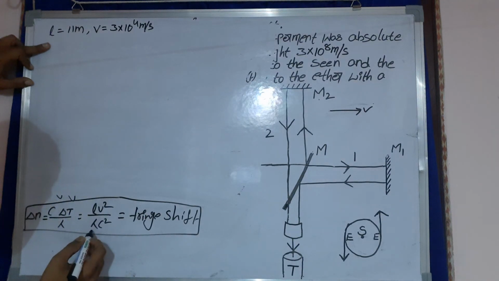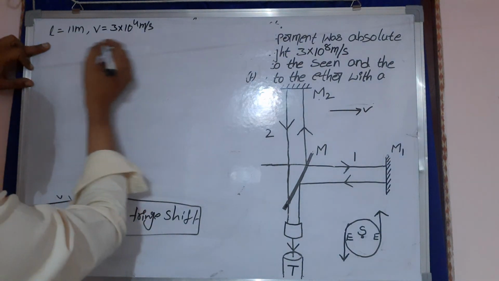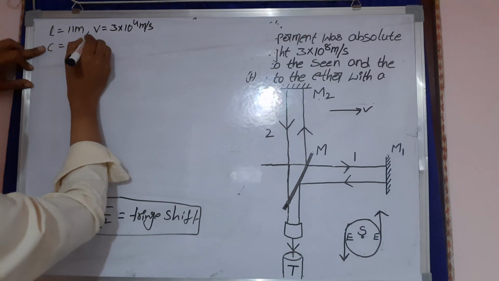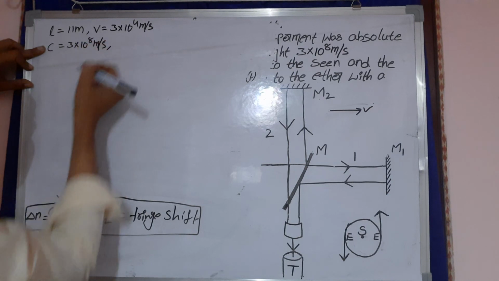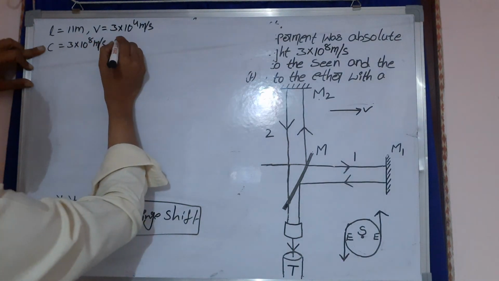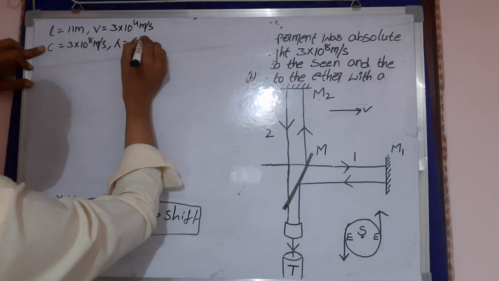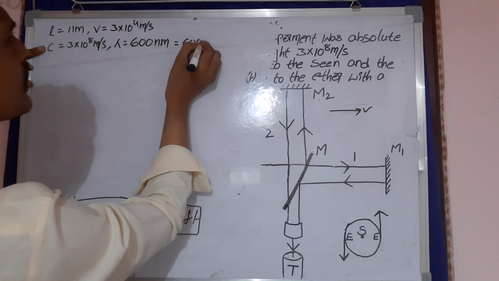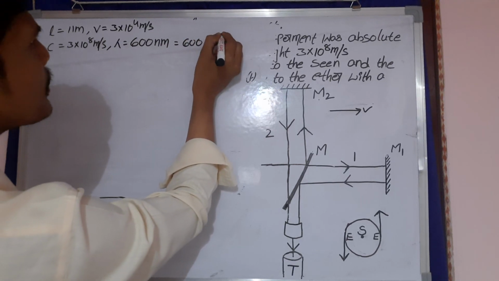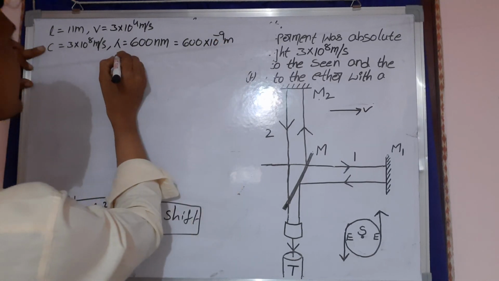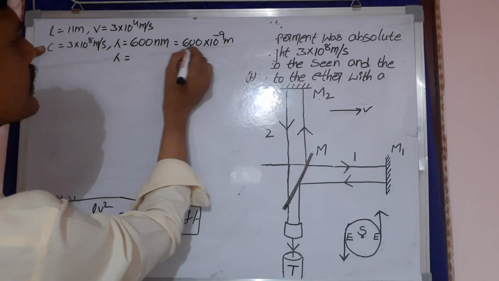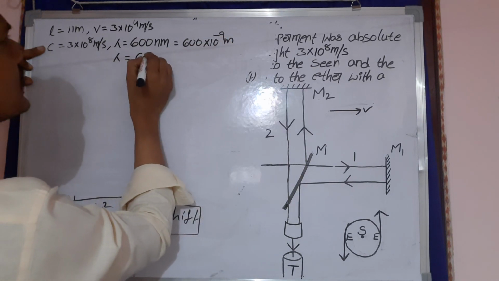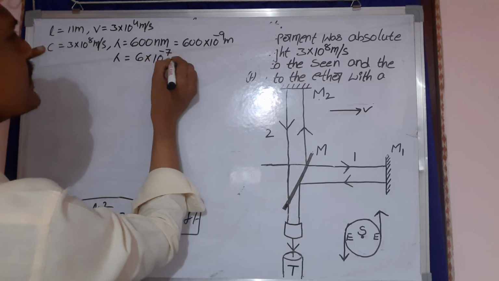And next one, c, light speed, equal to 3 into 10 power 8 meter per second. And the last one, wavelength lambda equal to 600 nanometer. Nano means 600 into 10 power minus 9 meters. That equal to lambda equal to 6 into 10 power minus 7 meters.